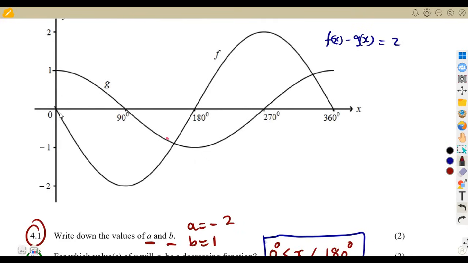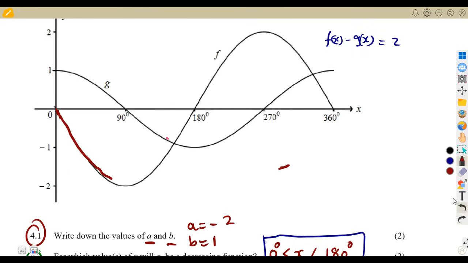If you check here, f of x is down in the negative. There is no way it can subtract g of x on top and give us a positive value of 2, because it's in the negative already, and these values that we see are below 1.